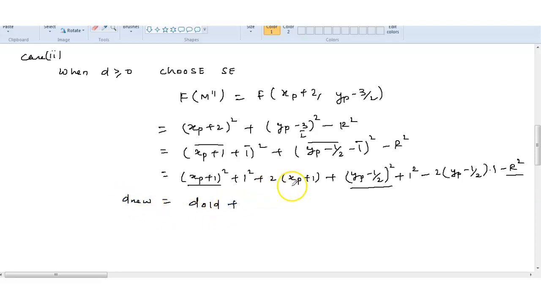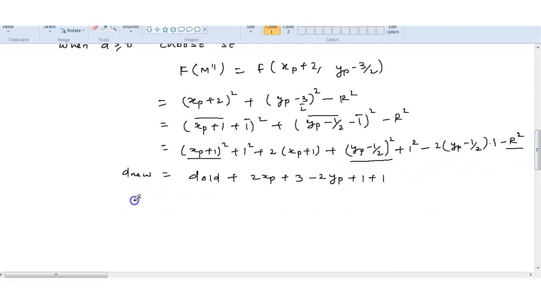The remaining terms left here are 2xp plus 2 plus 1, which is 3, and here minus 2yp, and this becomes plus 1, and this 1 plus 1.